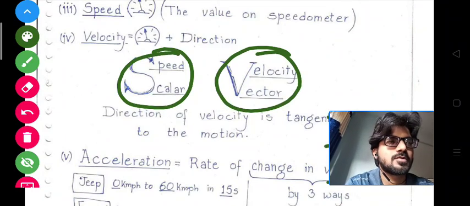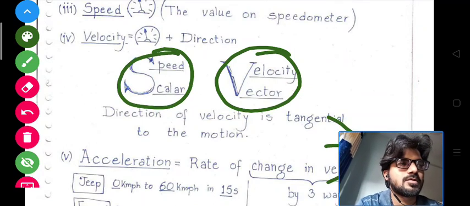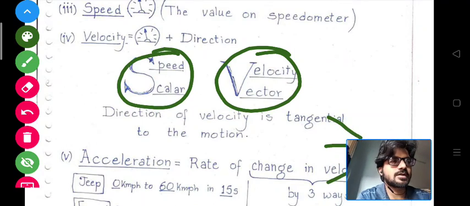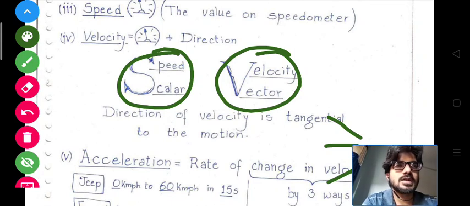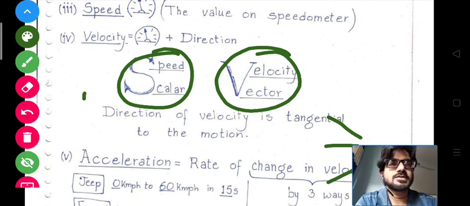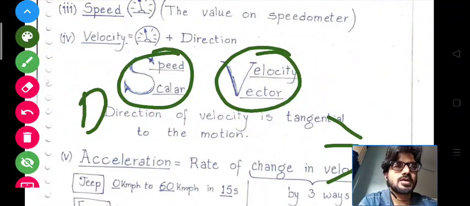Before we go into scalars and vectors, we will understand a few basic topics related to speed and velocity. In scalar we have distance, in vector we have displacement.